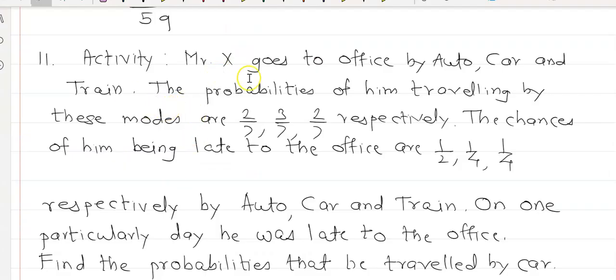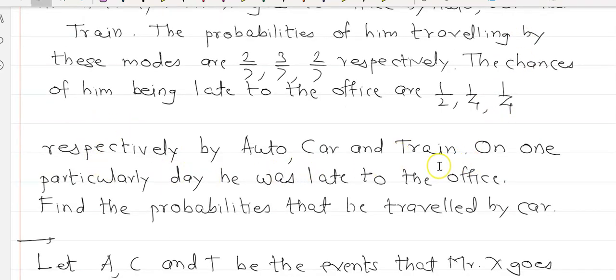Again, repeat. Mr. X goes to the office by auto, car and train. The probabilities of him traveling by these modes are 2 by 7, 3 by 7, 2 by 7 respectively. The chances of him being late are 1 upon 2, 1 by 4 and 1 by 4. It means that if he goes by auto it is 1 upon 2, by car 1 by 4 and by train 1 by 4 respectively, and on one particular day he was late to the office.